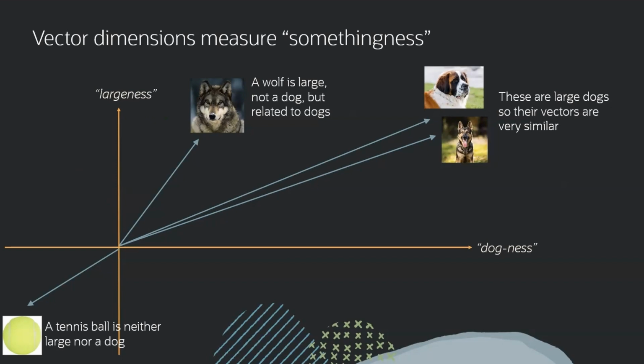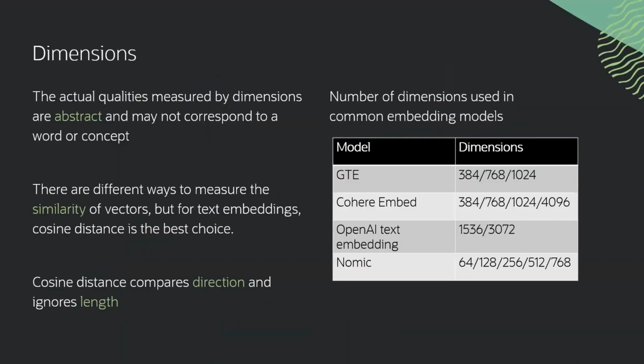St. Bernards and German Shepherds are both large dogs, so you see that their vectors are very similar. A wolf is large, but it is not a dog. But wolves are a lot like dogs, so its vector is high on largeness, but lower on dogness. A tennis ball is not large or a dog, so its vector is very different.